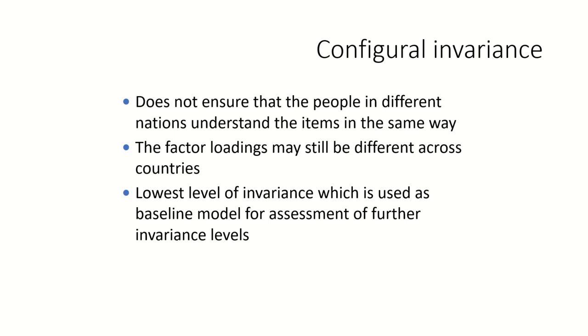If we have configural invariance, it doesn't actually mean that people understand the items in the same way. The factor loadings may still be different across groups, and essentially with configural invariance we have the starting point for further tests that tell us whether our instrument is working or not. If you don't have configural invariance, so your items do not load or your model does not fit, there's no point in going further. Basically, your instrument is not working well.